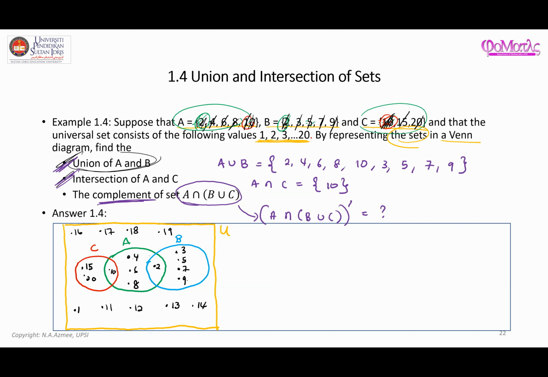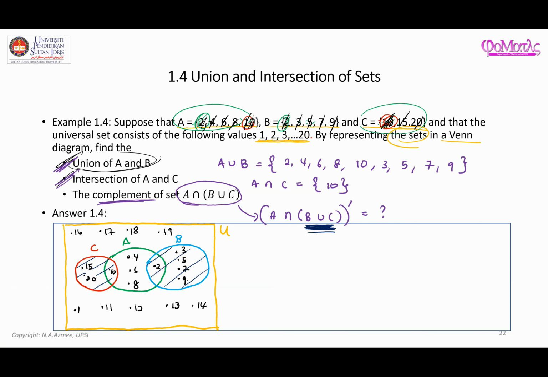We're going to start with finding the area of B union C. Where is the area of B union C? So B union C refers to this area.